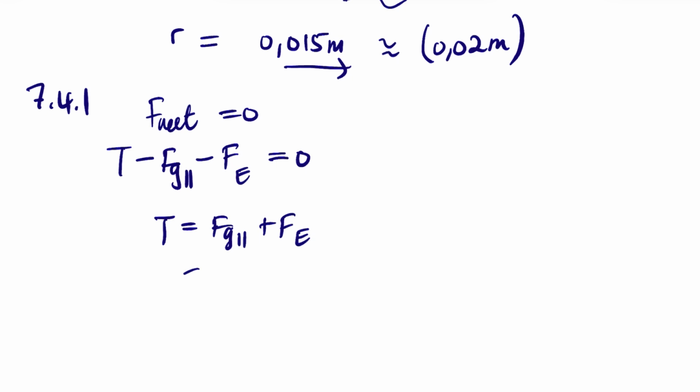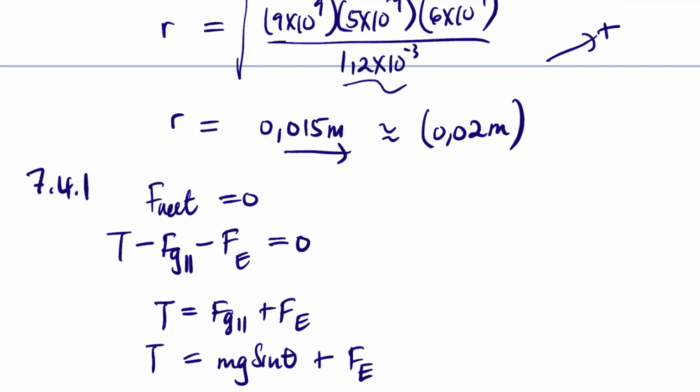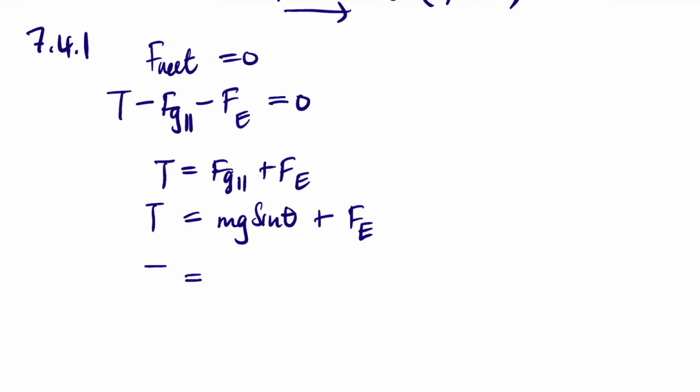As I've mentioned, it's going to be the same. So you have FG, mg sine theta, plus the electrostatic force, which we already have there. What is the mass of S?